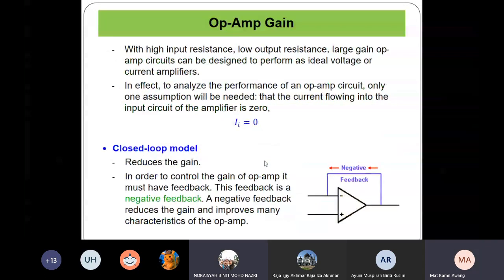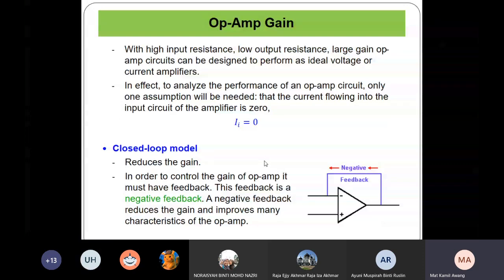With high input impedance, input resistance and low output resistance, large gain op-amp circuits can be designed to perform as ideal voltage or current amplifiers. In effect, to analyze the performance of the output of an op-amp circuit, only one assumption will be needed: the current flowing into the input circuit of the amplifier is 0.